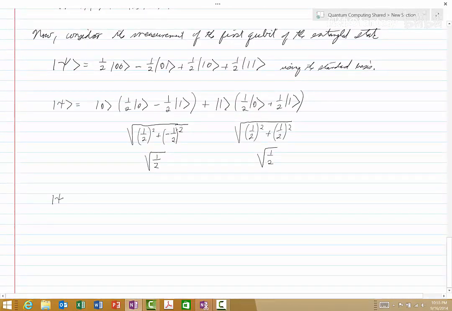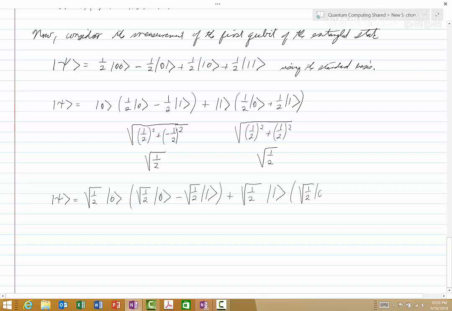So C is equal to square root of 1/2 |0> times (square root of 1/2 |0> minus square root of 1/2 |1>), and then the second term will become square root of 1/2 |1> times (square root of 1/2 |0> plus square root of 1/2 |1>).